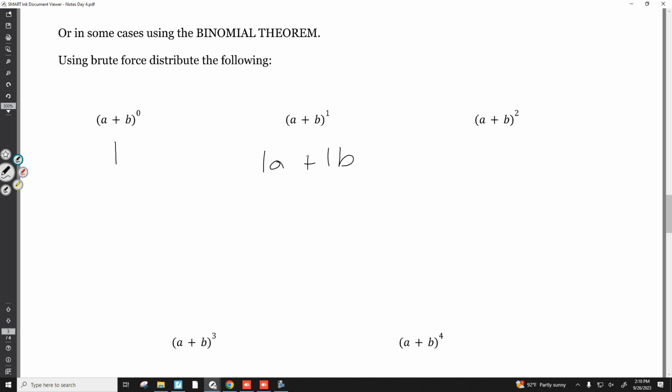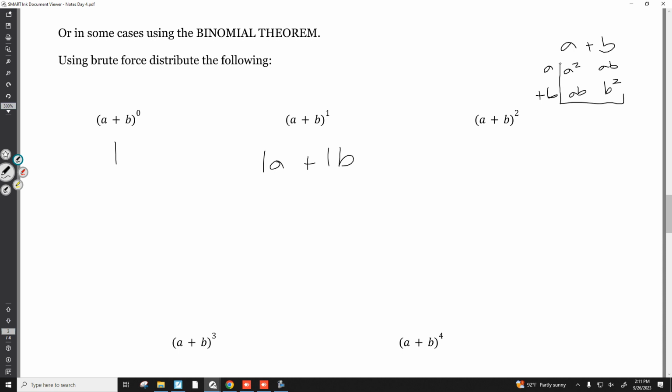Just please do it on the piece of paper. Use the box. Good.